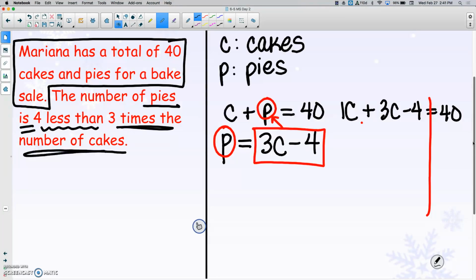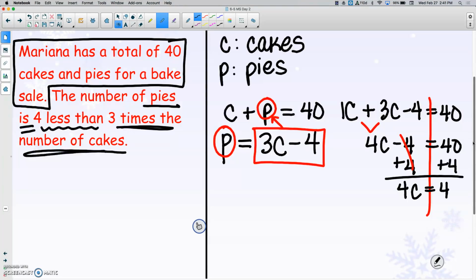1c plus 3c is 4c. 4c minus 4 equals 40. And then finish solving. So add 4 on both sides. 4c equals 44. And then divide both sides by 4. So c equals 11. So cakes, so she has 11 cakes.